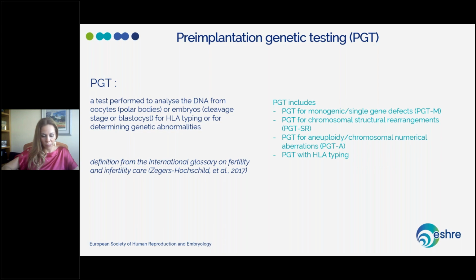The definition of PGT also includes the testing with HLA typing. And so the testing will allow to select and transfer those embryos which are unaffected for the condition under study.